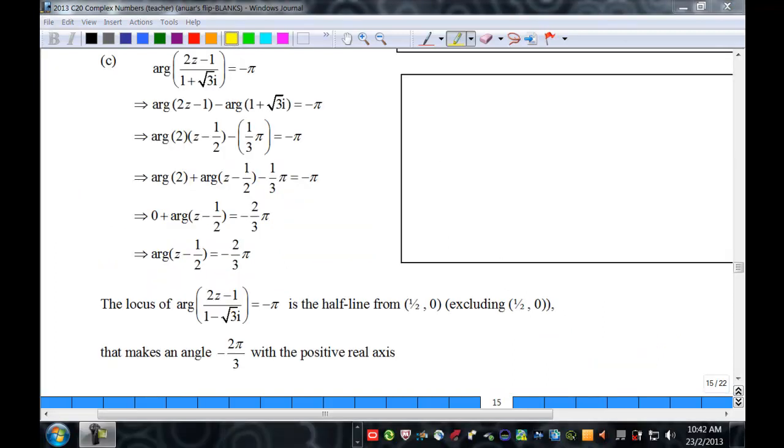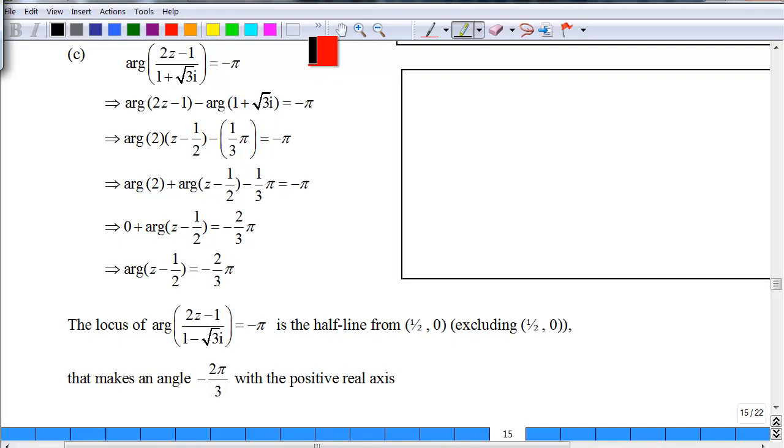Okay, let's look at example 33c. Alright, so we're supposed to draw the half line, but oh no, this is a form which you have never seen before. So what you need to do is rewrite it in the standard form. And let me quickly write what is the standard form again for you, which is argument of z minus (p plus iq) equals theta.